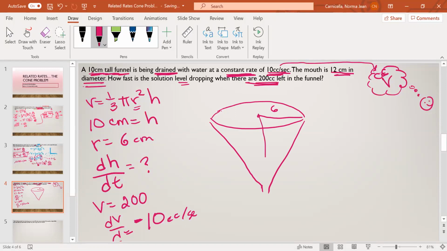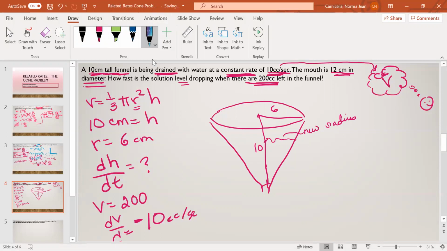Now this height is 10. But I'm going to have a new radius here, and they didn't give me any kind of relationship this time. They didn't say the radius is half the height, or a third the height. So I have to figure this one out on my own.